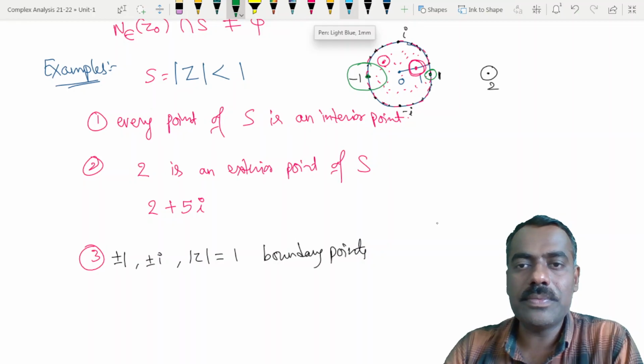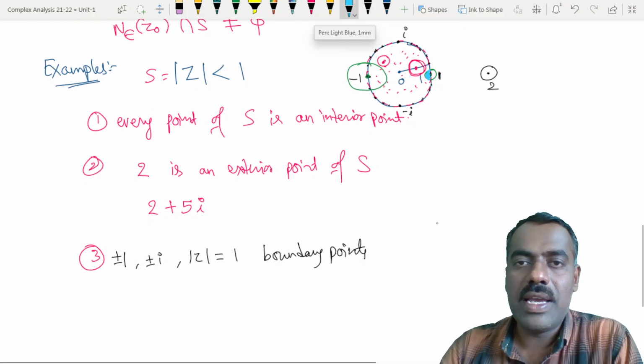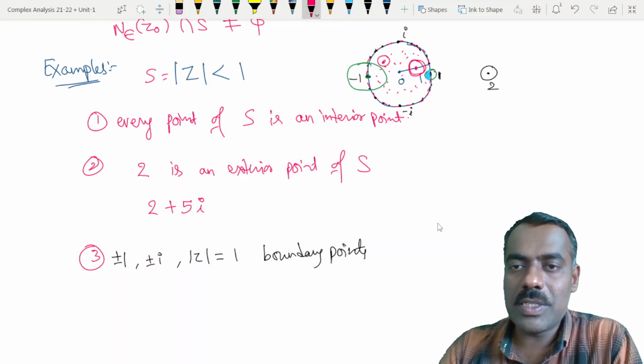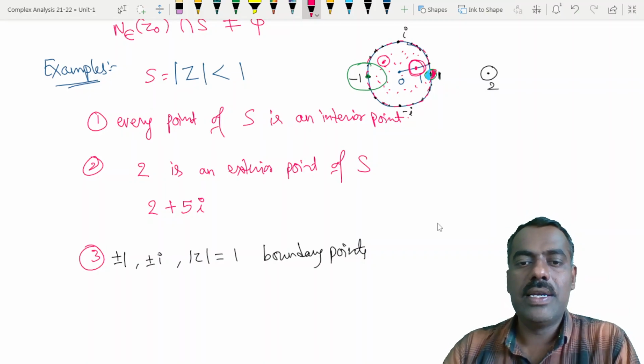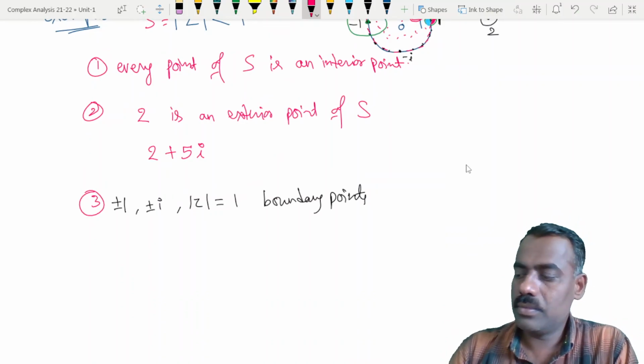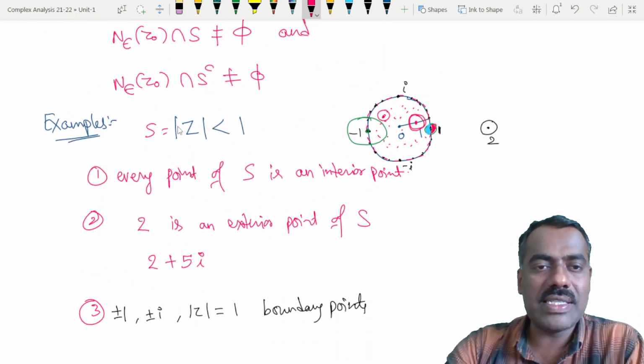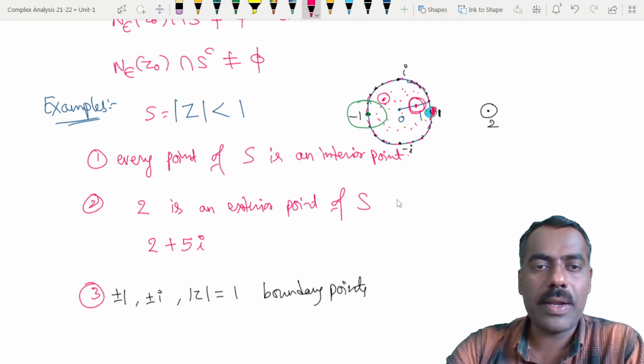You can see that this much part is with S and this much part is with S complement, right? So these are the boundary points for mod z less than 1.